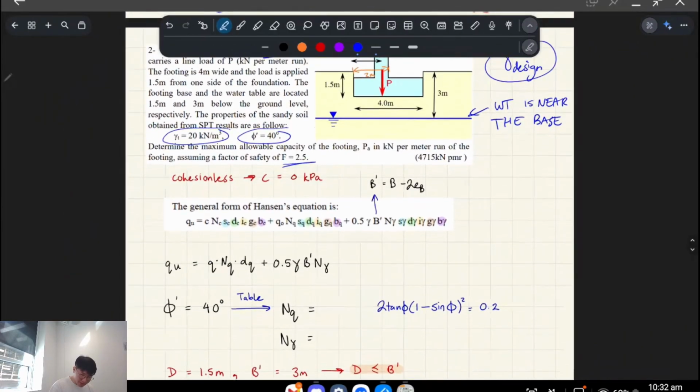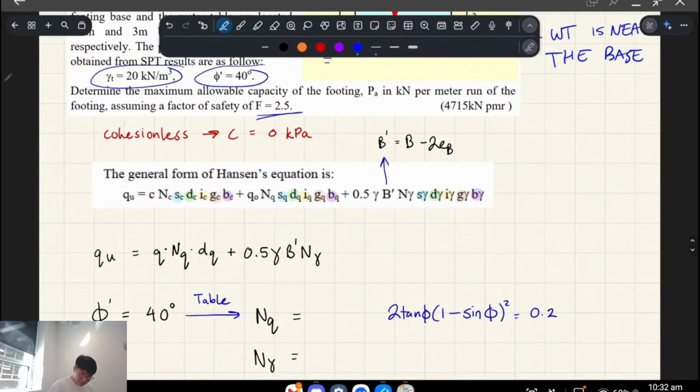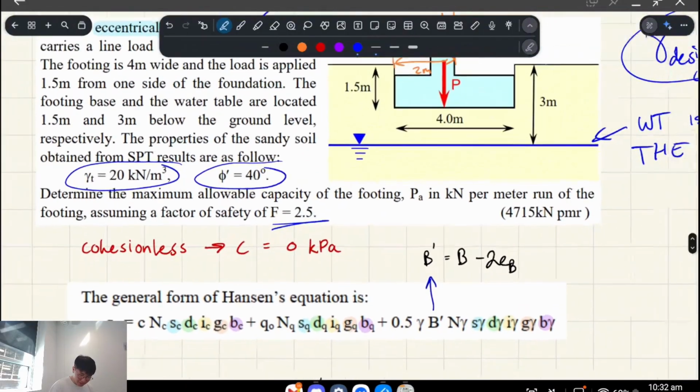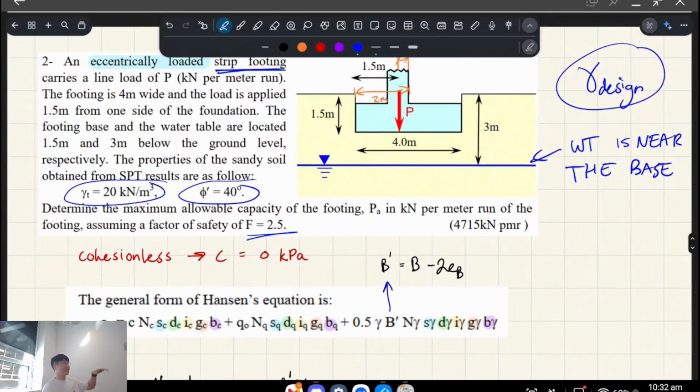Okay, cool. So, all right, first I want you to think about what can we cancel out. I'll give you 5 to 10 seconds. Just think about what we can cancel out from this loading scenario. Okay, so we have a cohesionless soil.